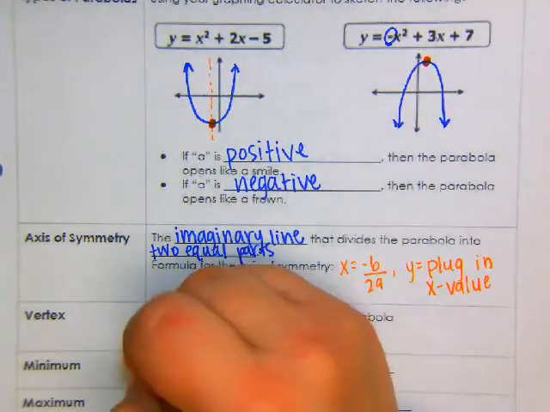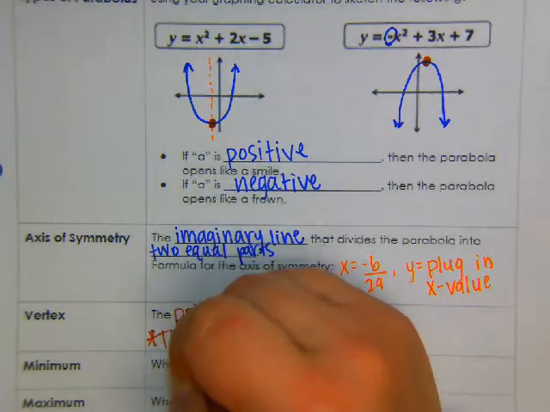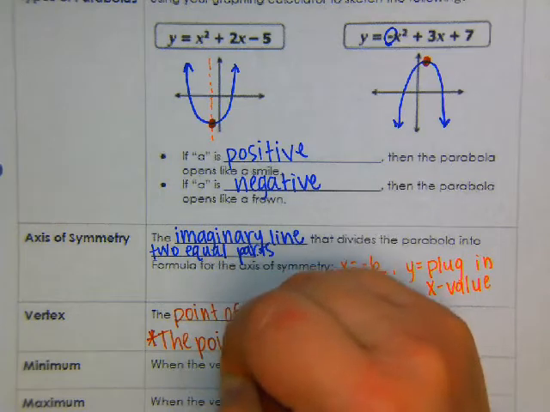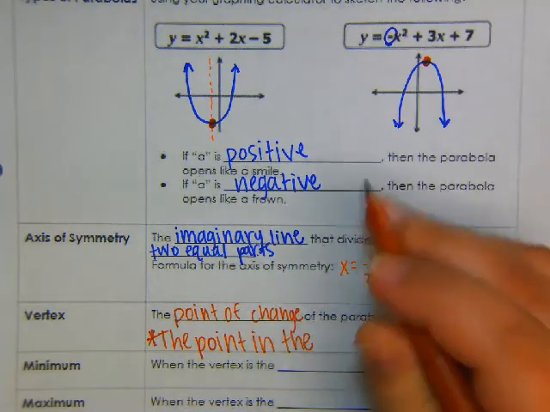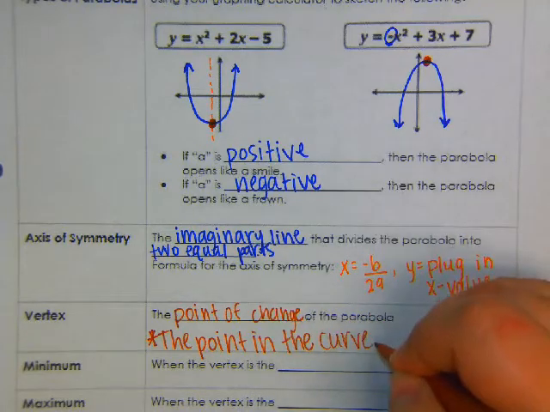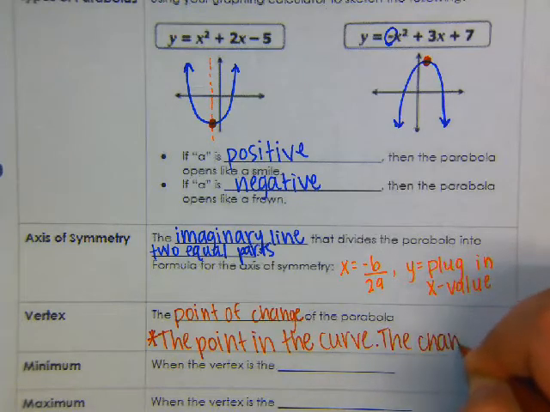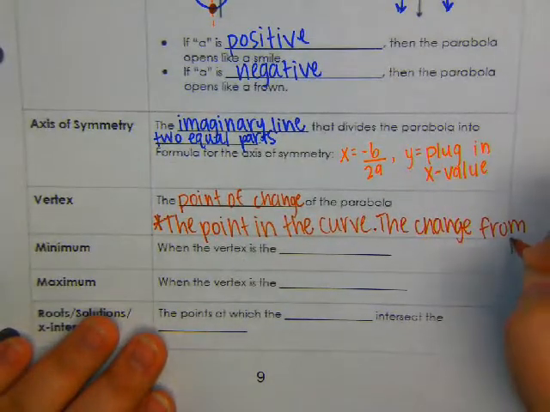It's also, in plain terms, just the point in the curve. And it is also, like I just said, the change from increasing to decreasing.